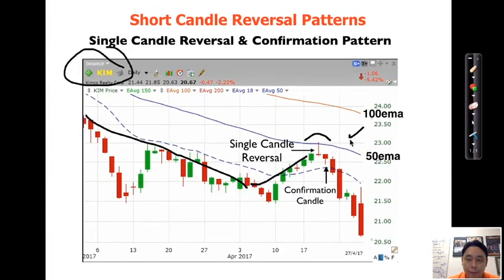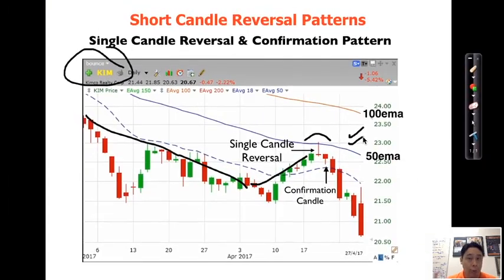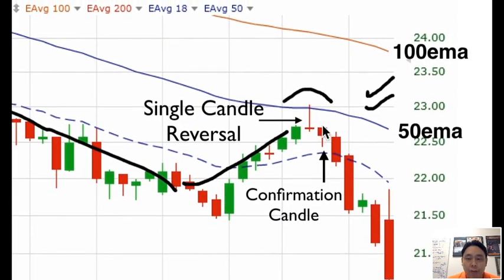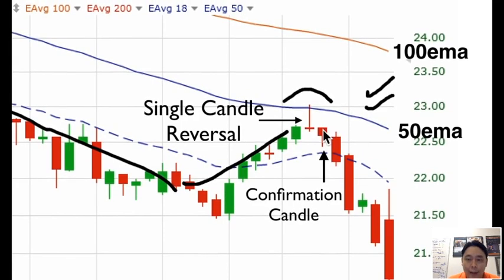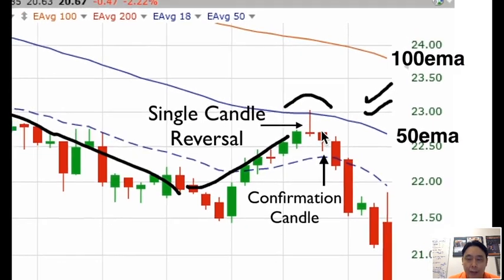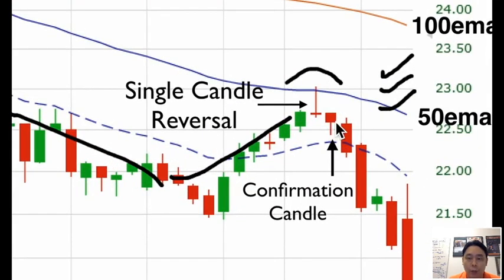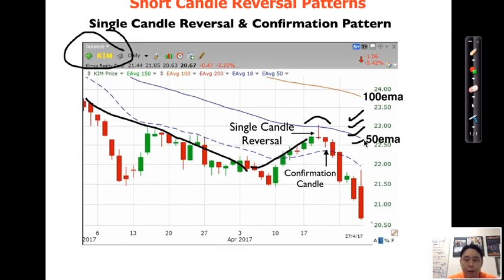Yes, check. Is the upper shadow cutting the moving average? Check. There we go, single candle reversal. Next, is it a confirmation candle? Does it make a lower high than the high of this candle? Yes, check. Does it close below the low of this candle? Yes, check. There we go, confirmed.